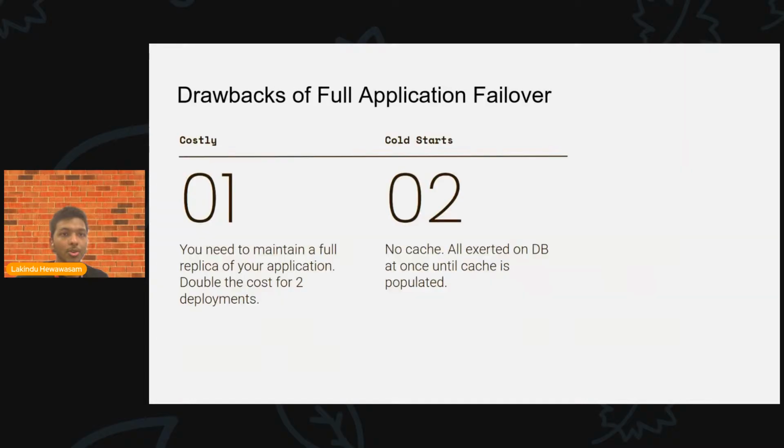A couple of issues with this approach is that it is extremely costly, because you have to maintain a really big environment. If it's, let's say, a single EKS cluster, you have to maintain an exact deployment of your EKS across both regions, your VPC configurations, your NAT instances or NAT gateways.